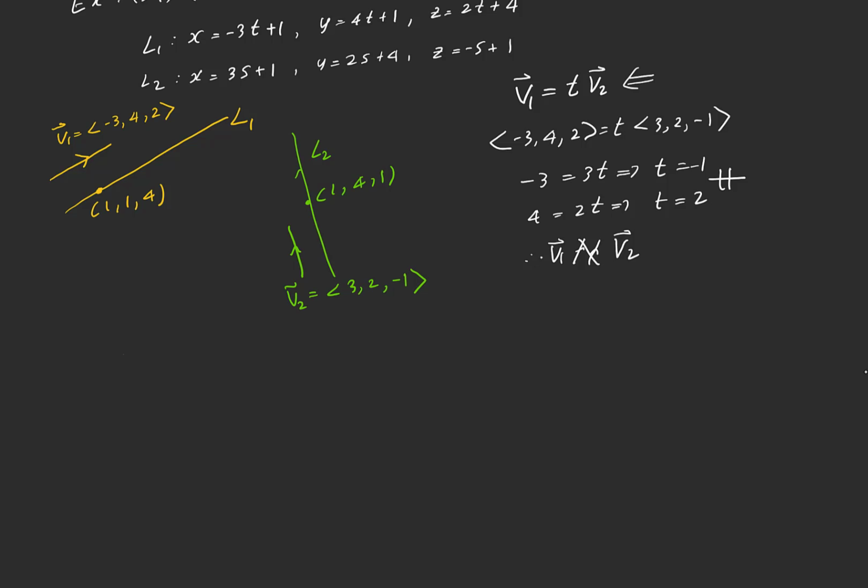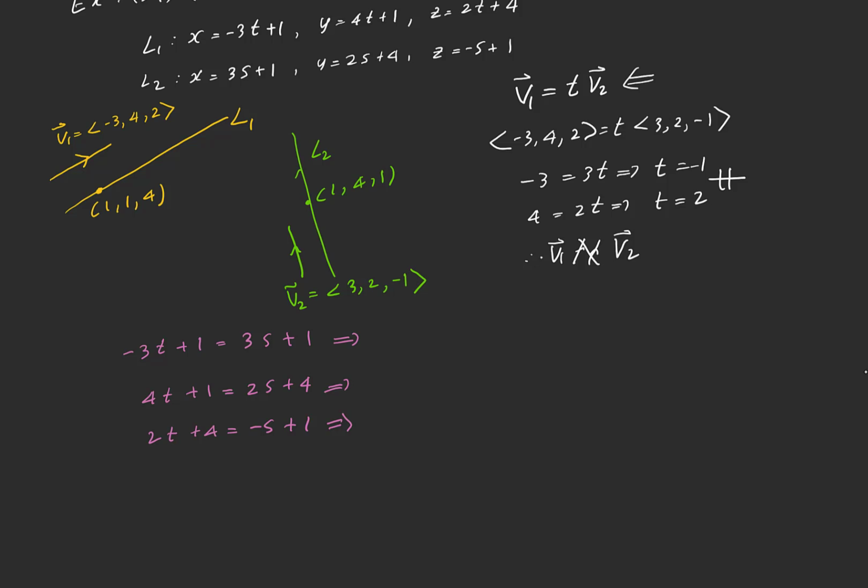So the first one is -3t plus 1 equals 3s plus 1, the x. Then the second one, I can say 4t plus 1 equals 2s plus 4. The last one, 2t plus 4 equals -s plus 1.